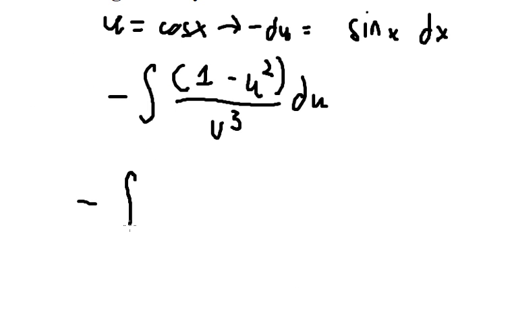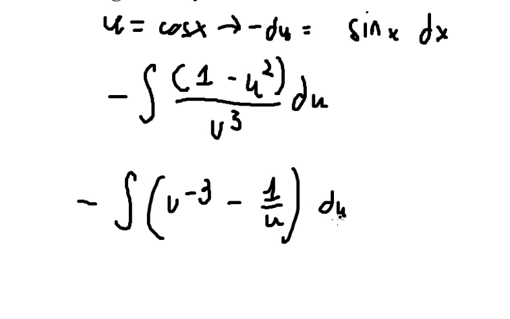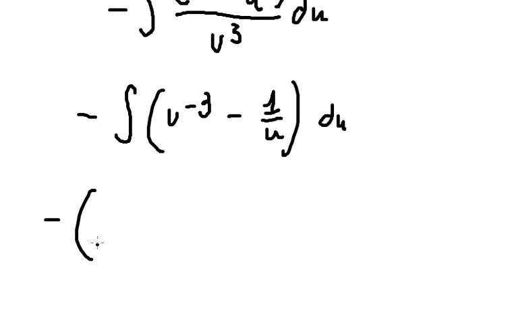And now we simplify like this. 1 divided by u to the power of 3, we have u to the power of negative 3. This one we have negative 1 over u. And now we have the final answer.